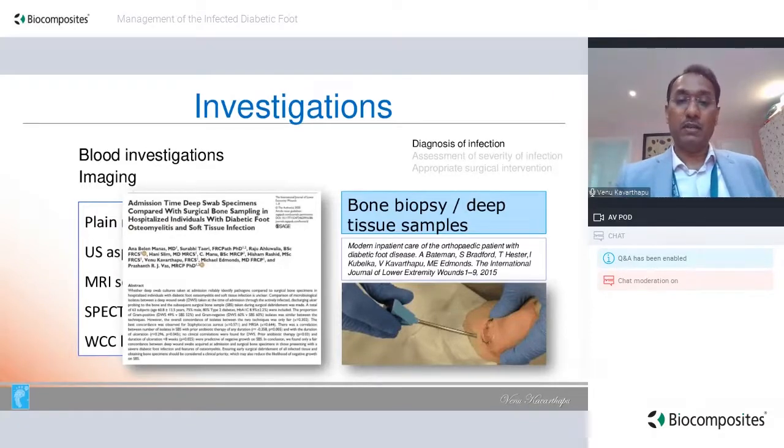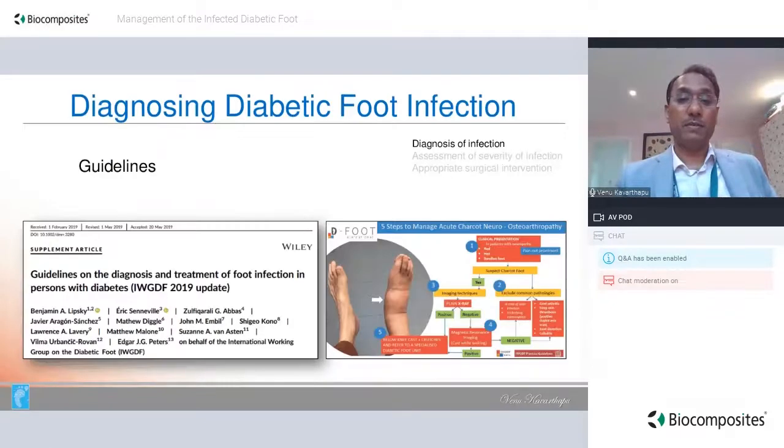share the PowerPoint presentation, but here we can see that from this study, the deep swab specimens have been proven to provide much greater accuracy in the diagnosis of the deep infection, from the diagnosis point of view, and also from the microbiological point of view.